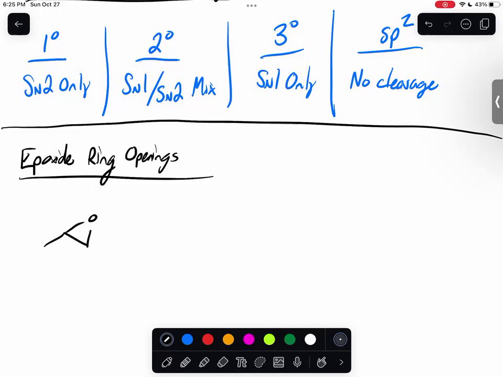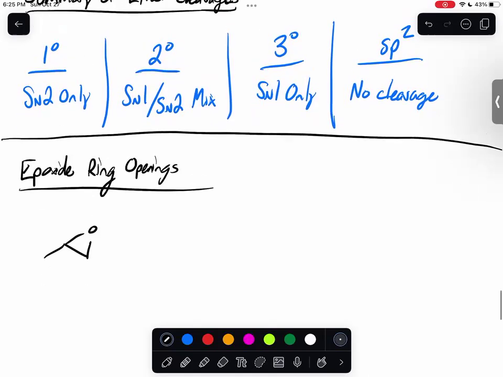Essentially, upon addition of hydroxide, so something like NaOH, and this could be in water at 100 degrees Celsius, make it really hot, this will break apart and we'll end up with two alcohols.